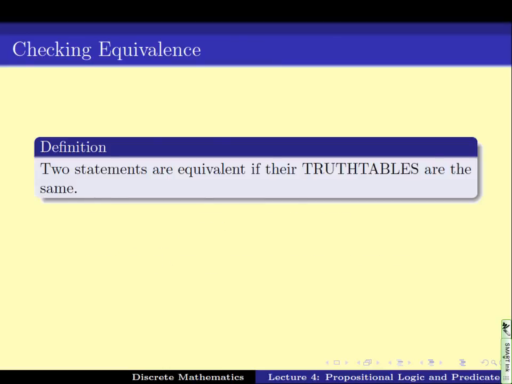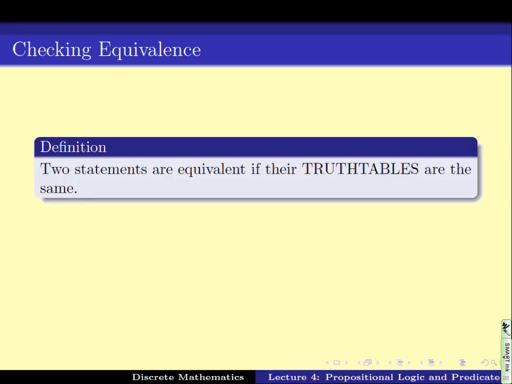Now, let's go back to the definition of equivalence. As I told you, checking equivalence is the same as checking if the truth tables are the same. As you can imagine, when these mathematical logic statements are big, or in other words, when there are quite a number of variables, doing the truth table can be quite a tedious process.